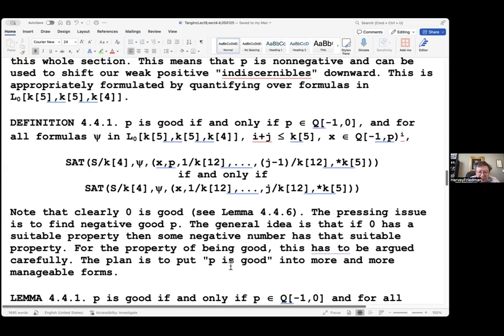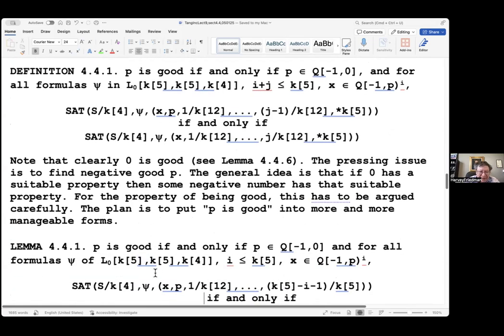The plan is to put p is good into more and more manageable forms. Then we can do something magical to show that if 0 is good, then something negative is good, where arbitrarily large negatives are good. But we first have to get p is good in a splendid form.